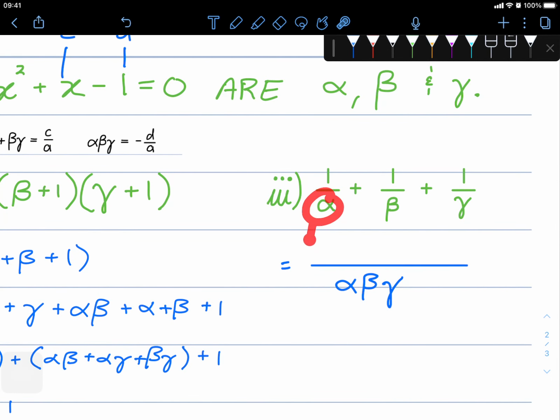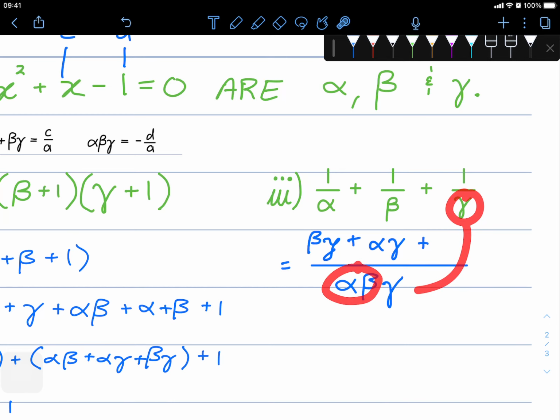For alpha to become this denominator, we've multiplied by beta and gamma. So 1 times what's missing, we get beta gamma. Likewise, for beta to become this denominator, we need alpha and gamma to multiply to give us that. So alpha gamma. And you can probably guess that this last one needs alpha times beta.